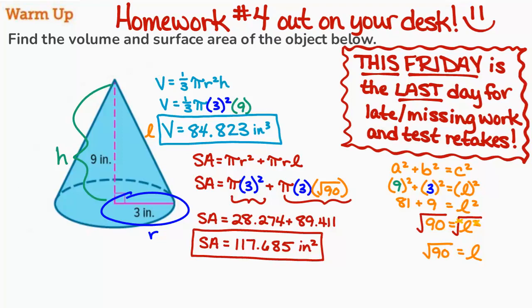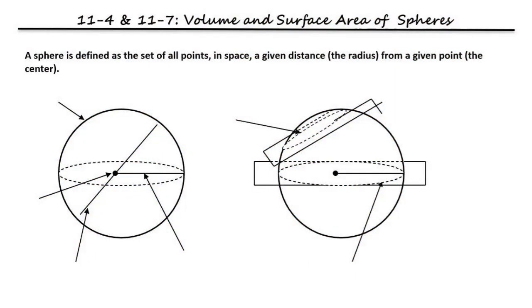All right, let's switch into your notes. We're going to be on page 10 in your notes. And our focus for today and a portion of tomorrow is the volume and the surface area of spheres, or a ball shape. So that's what we're showing right here.